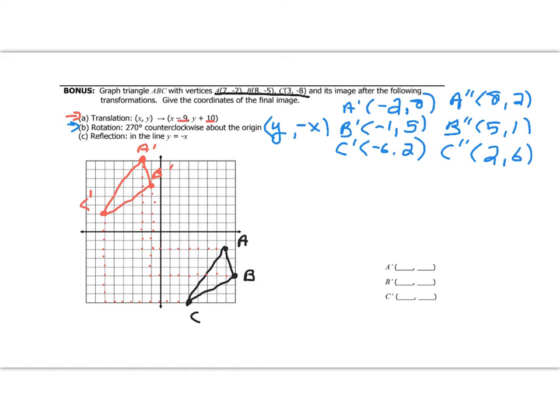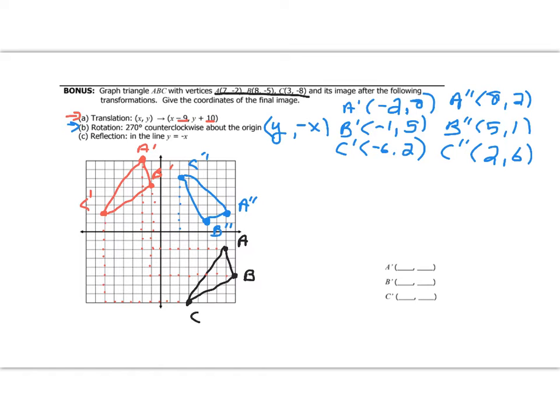So now I'm at 8, 2. That's A double prime. And 5, 1, 2, 3, 4, 5, 1. This is my B double prime. And then 2, 1, 2, 3, 4, 5, 2, 6 is my C double prime.